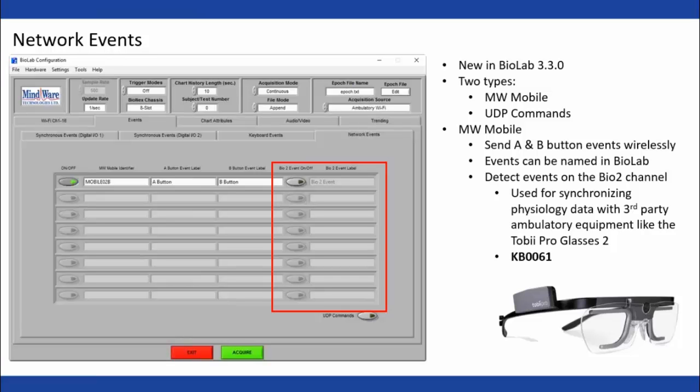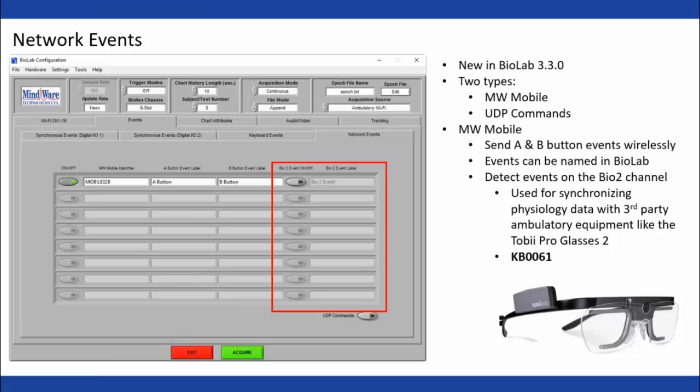But what's nice about being able to do this in BioLab is you could actually have multiple units streaming data wirelessly to BioLab and capturing all of the synchronization information that you would need to later align the data and look at your physiology and your eye tracking data in sync. So you would do that right here on the Network Events tab.